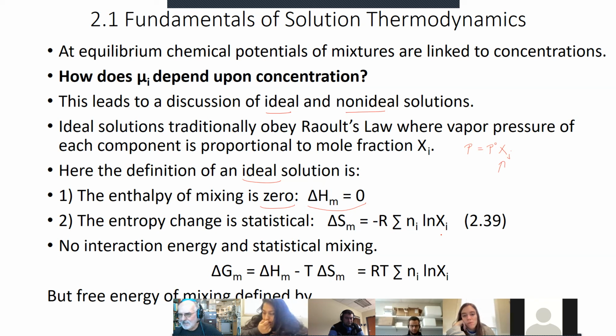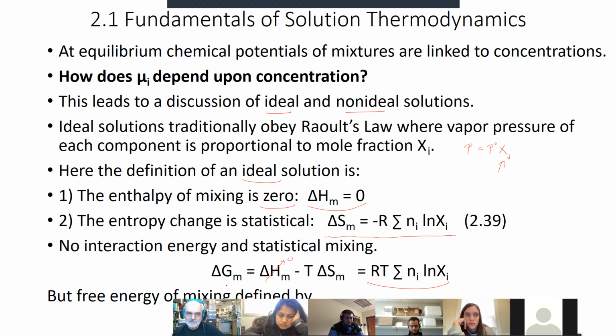Let's put things into boxes. Let's put things into grids. And the equation that we derived previously was that delta S of mixing is minus R sum over n sub i ln x sub i. So this was the statistical nature of it. So if there are no interactions and it's statistical mixing, the free energy of mixing is the enthalpy minus T delta S. The enthalpy is 0. So this is the free energy of mixing.